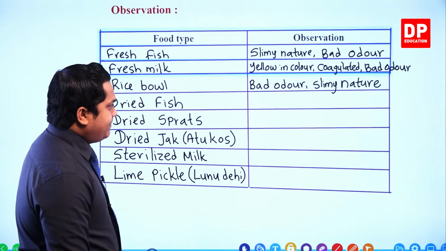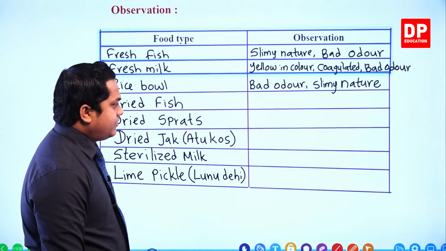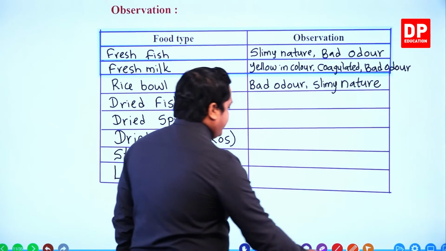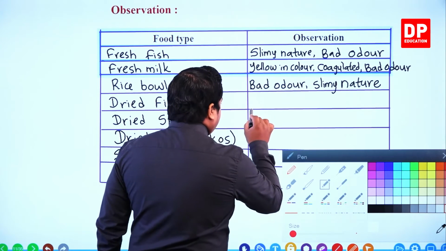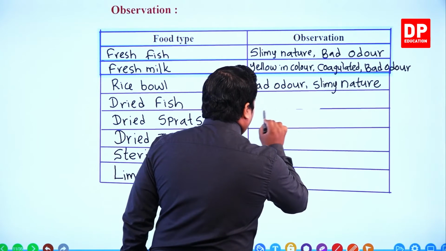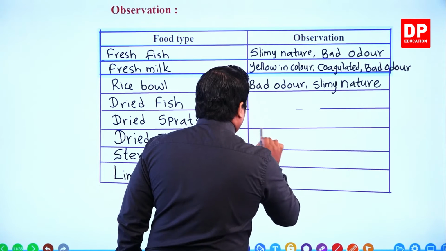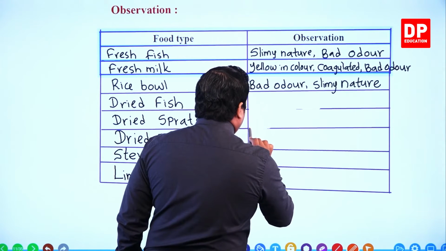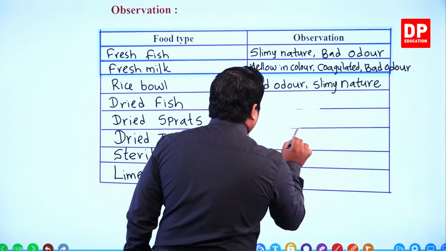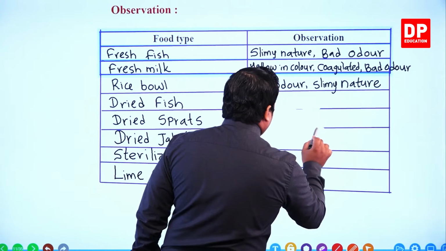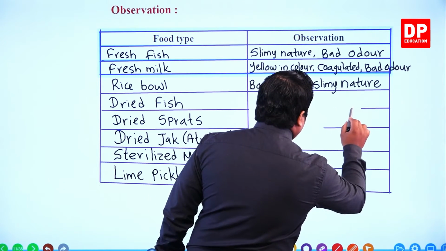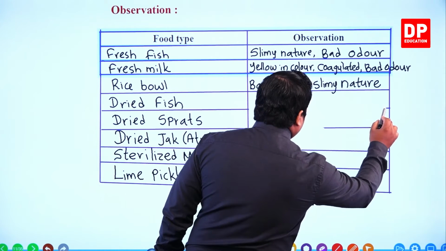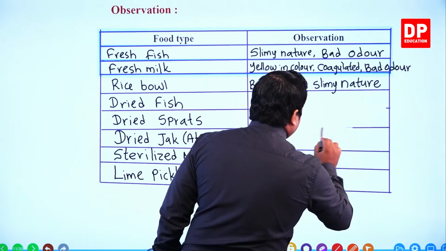If you check the appearance, and even taste it, there won't be any issue at all. If you check the appearance, the taste, and the smell, you won't be able to see any kind of difference in these things.